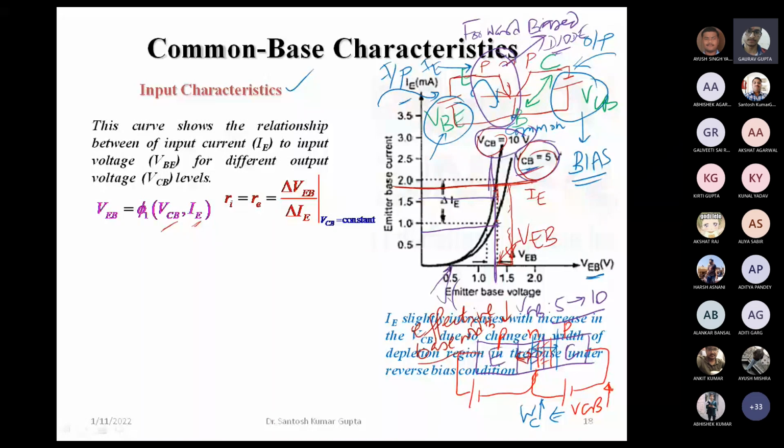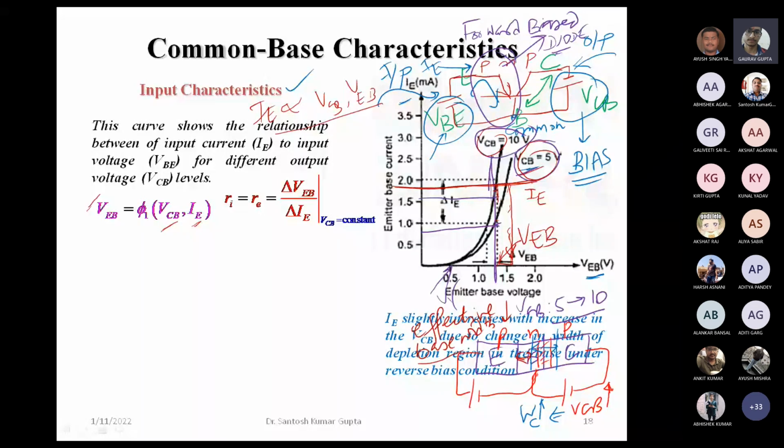So the input voltage VBE seems to be a function of VCB and IE here. Also one can say that IE is a function of VCB and VBE. That may also be true here.